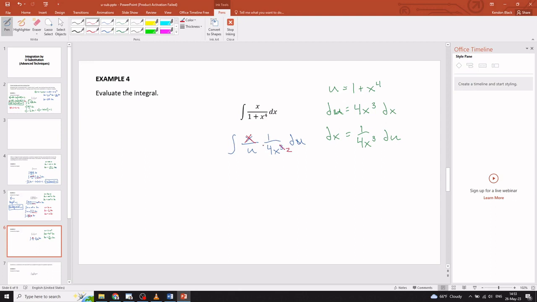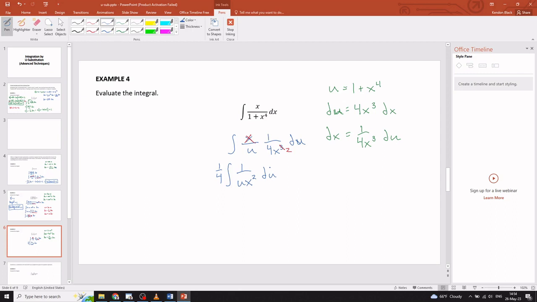The 1/4 we can pull outside of the integration symbol. So we have 1/4 integral of 1 over u x squared. So we have this extra x squared hanging out.